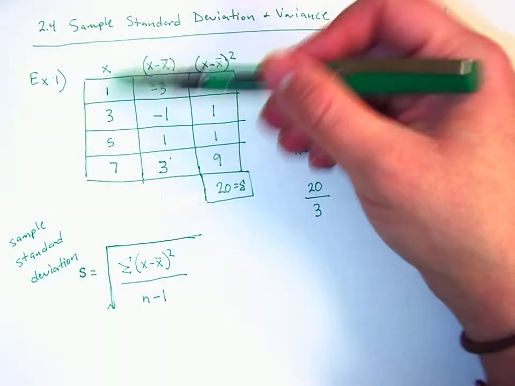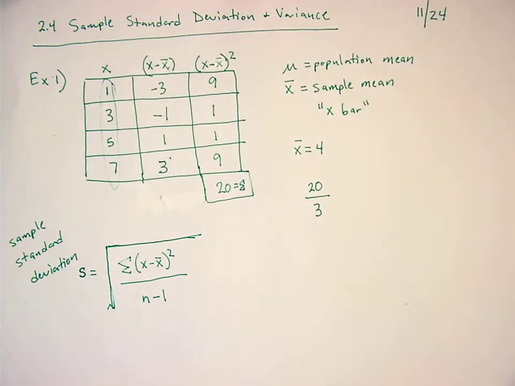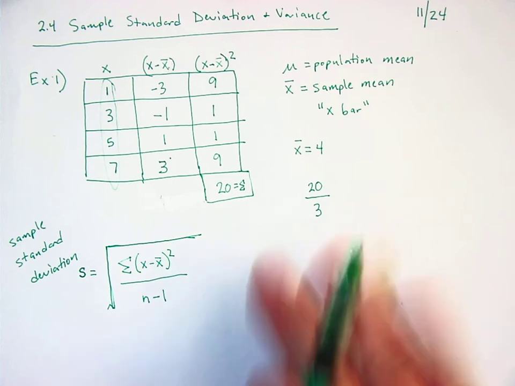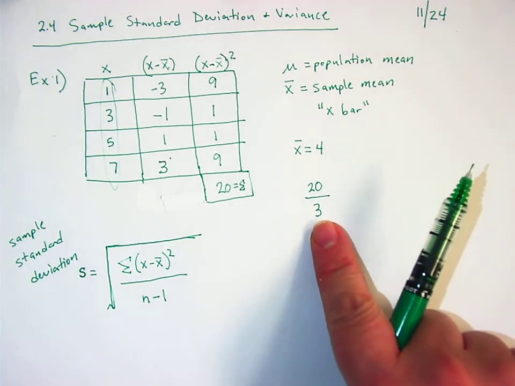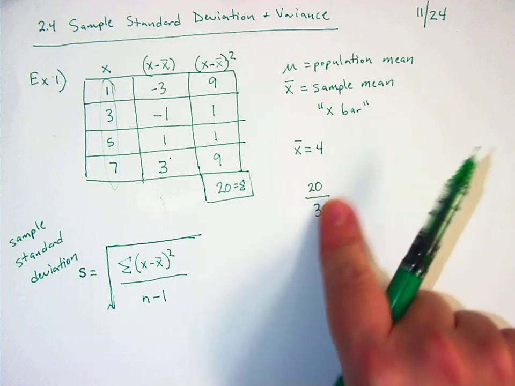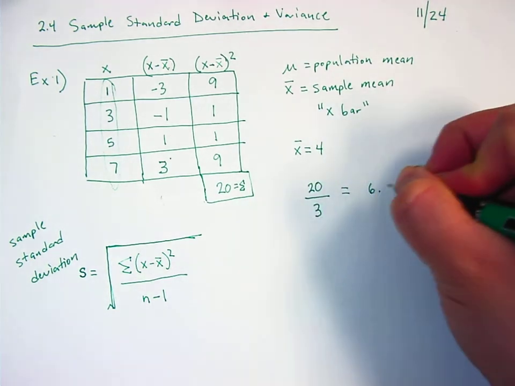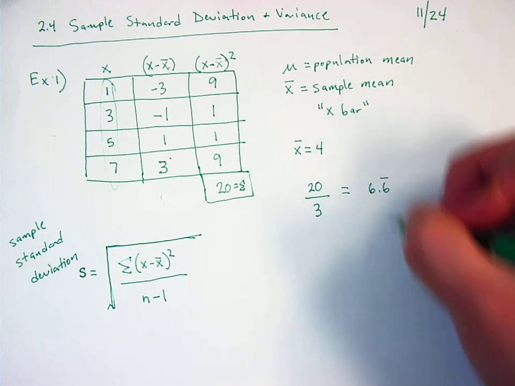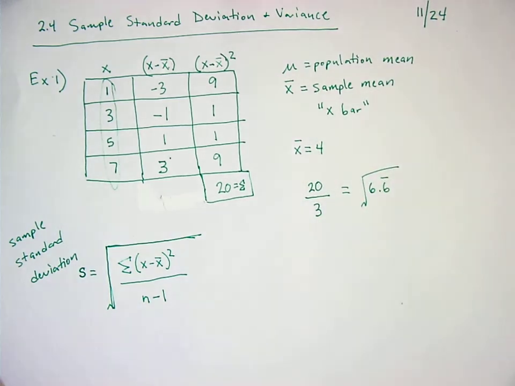If I only look at 4 numbers out of who knows how many, maybe there were 25 numbers or 800 numbers or whatever, and I only look at 4 of them, the chances that I have the outlier in the set that I'm looking at is very unlikely. So they reduce this by 1 to make your standard deviation a little bit larger. So you get about 6.6 repeating here, and then you take a square root of both of those.